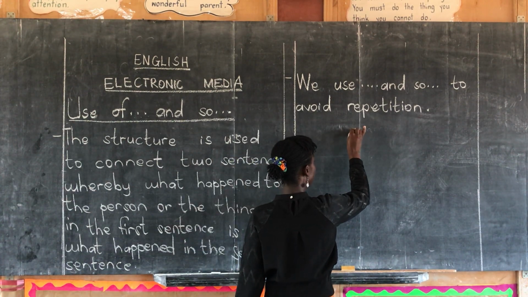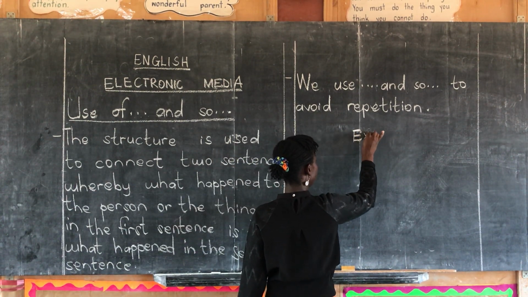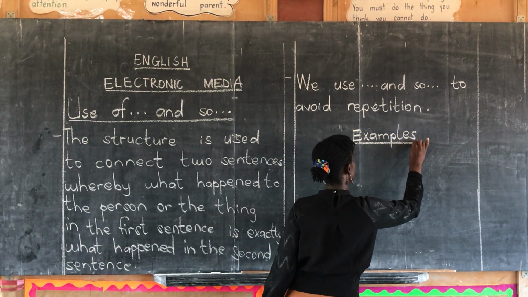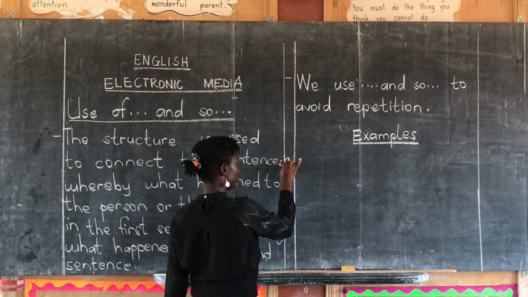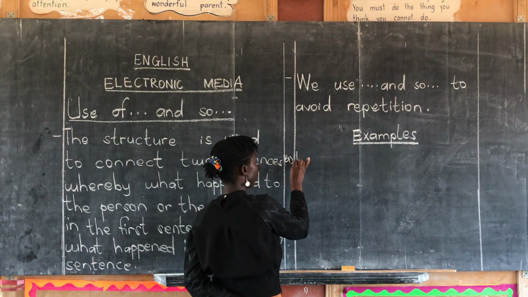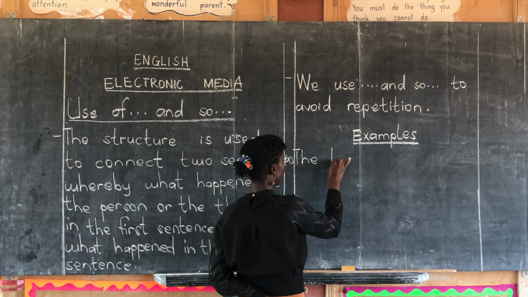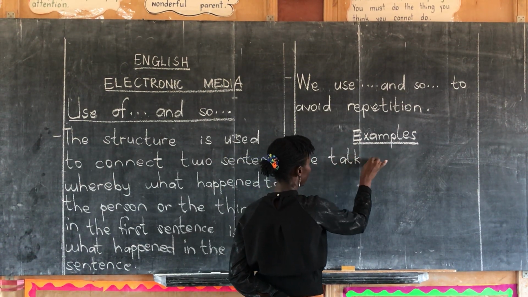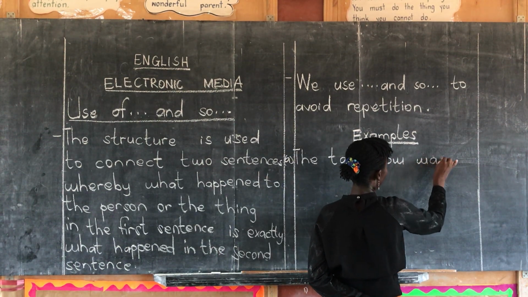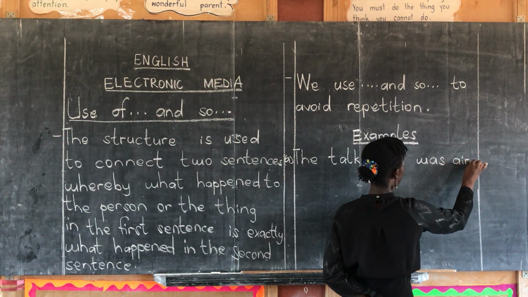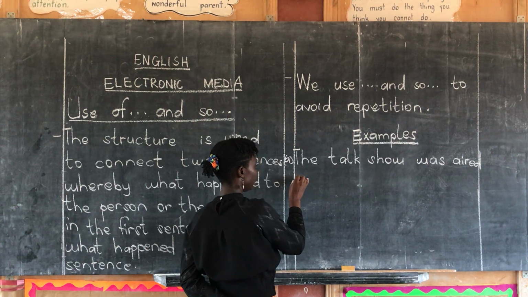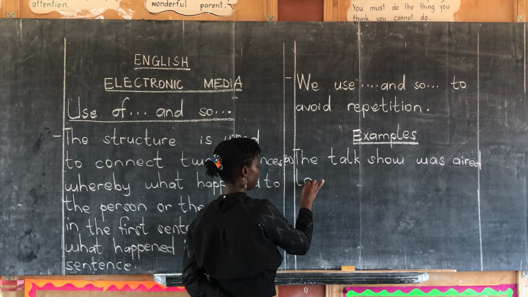Let's look at some examples. We want to use "and so" in these examples. Example A says the talk show was aired late.